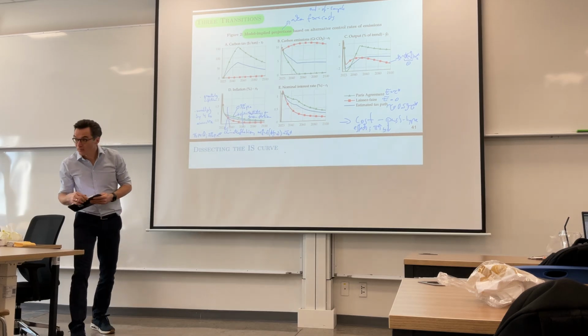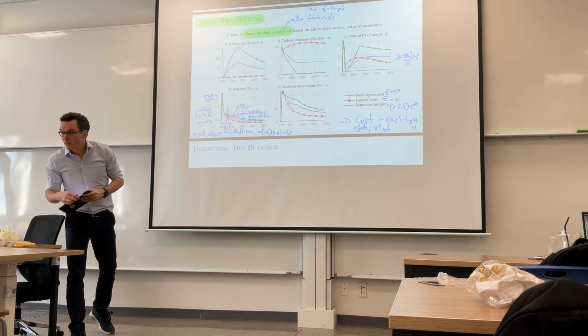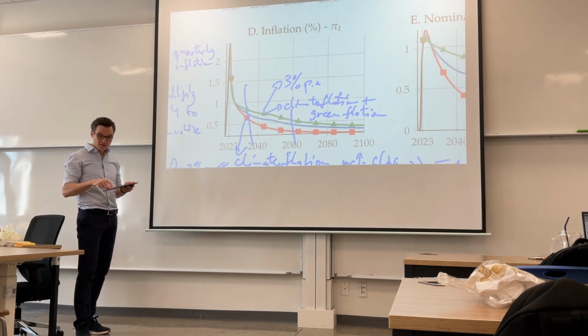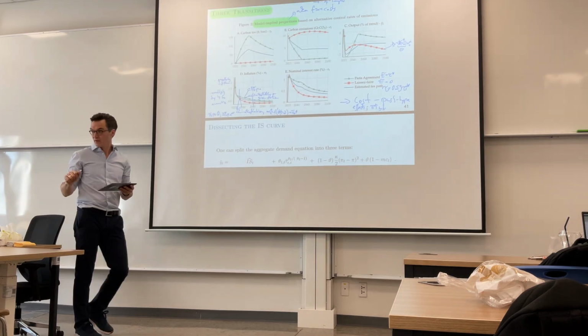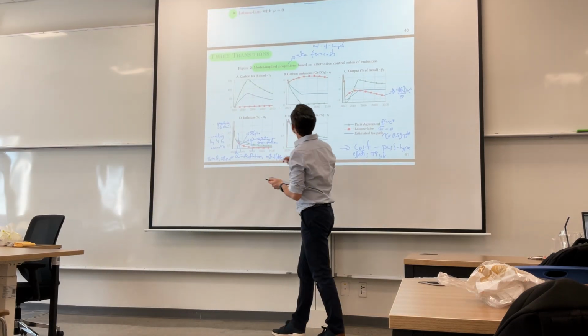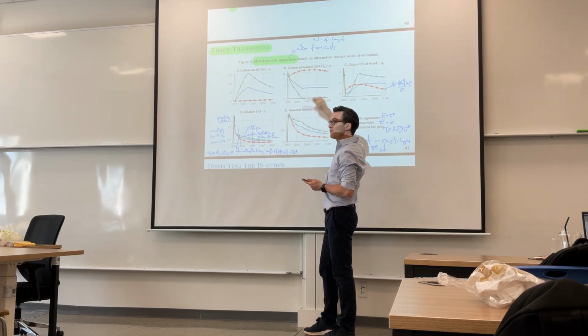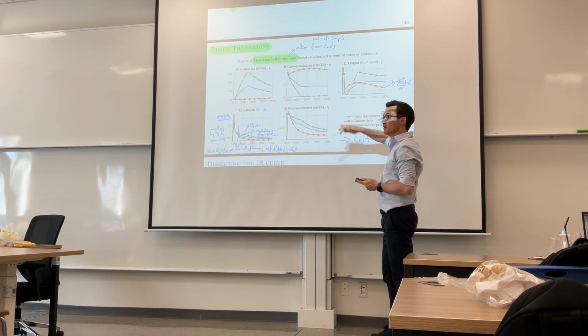Can you say that again? Sorry. We also have climate inflation in the green line because of the existing carbon. Totally, right? Because there is climate-flation since there are still emissions in the transition, and the stock of carbon is still elevated.